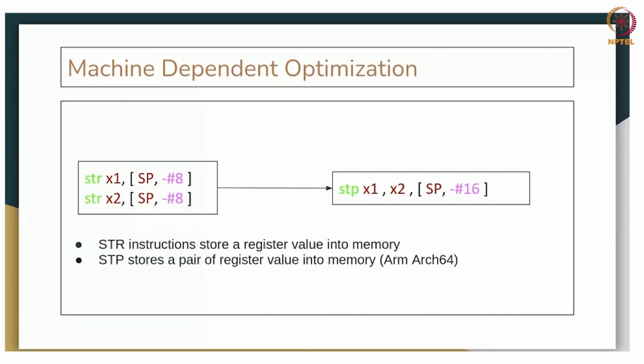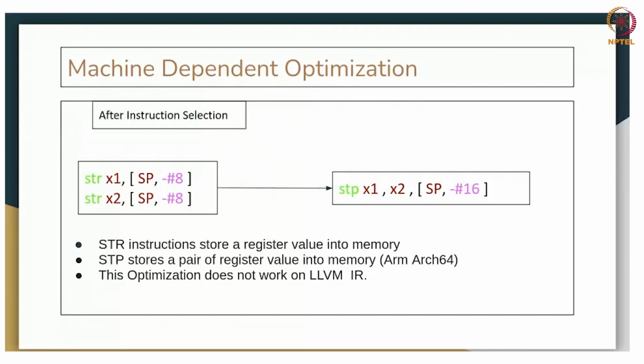Whether such a transformation is possible depends on the machine. In one machine it is possible, in another machine it may not be possible. You look at the entire architecture and instruction set for the conversion of LLVM IR into machine code for machine dependent optimizations and transformations. This optimization does not work on LLVM IR because STR and STP are machine instructions.